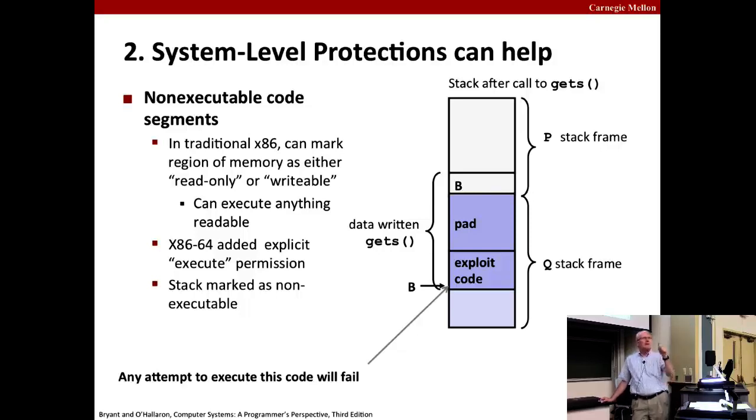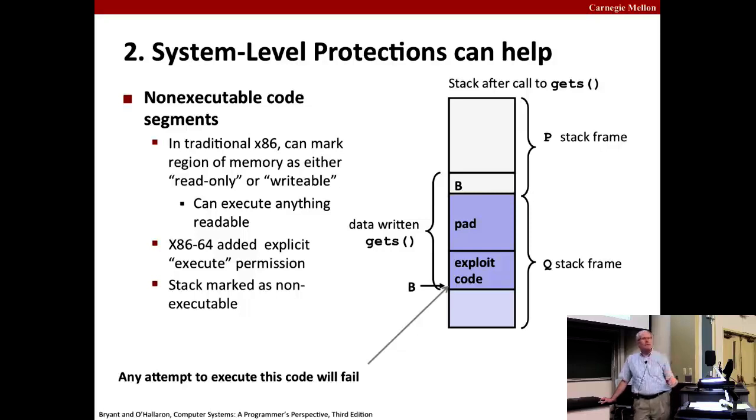One is, can this be written to? So that you can prevent overwrites of things like string constants. And then the other is, can I read it? And read means access those bytes. And it was interpreted that readable and executable were the same thing. I can read it, I can execute it. And that was the rules.